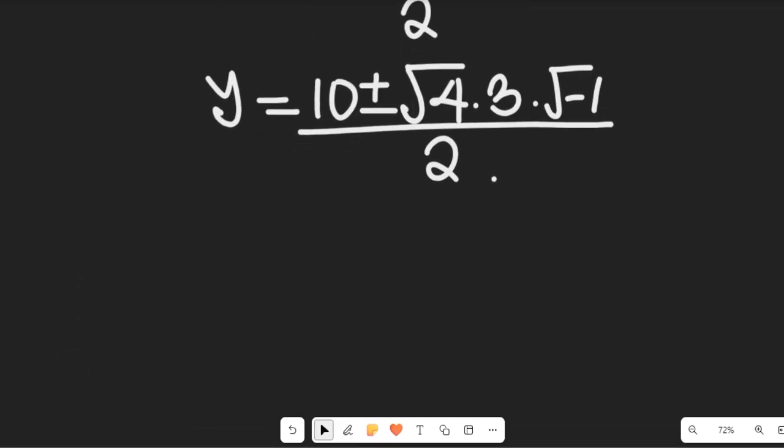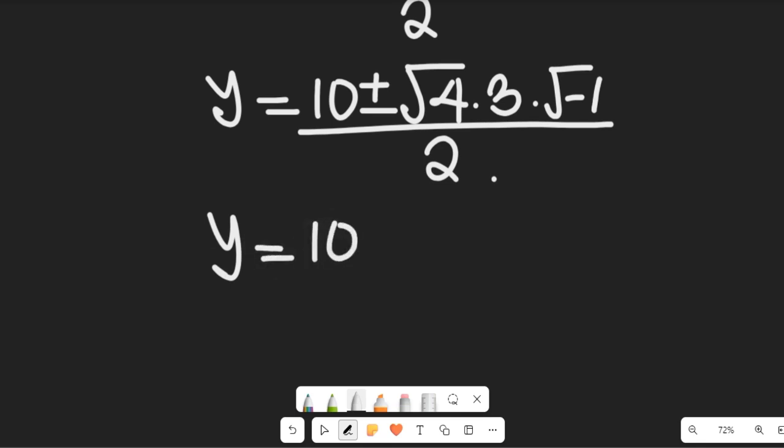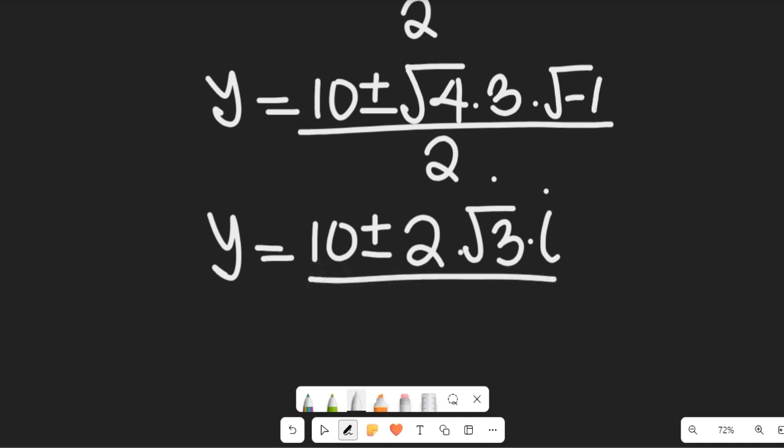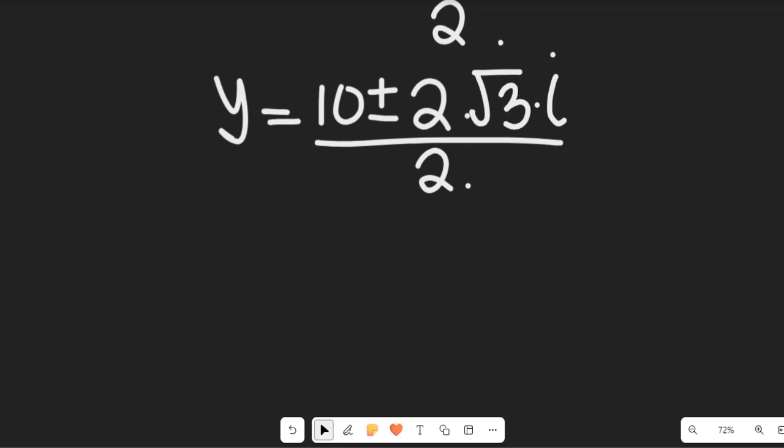So we'll have y equal to 10 plus or minus 2 multiplied by the square root of 3. Now recall, the square root of negative 1 will give us what? Imaginary. And that will be divided by 2 according to our complex number, right?